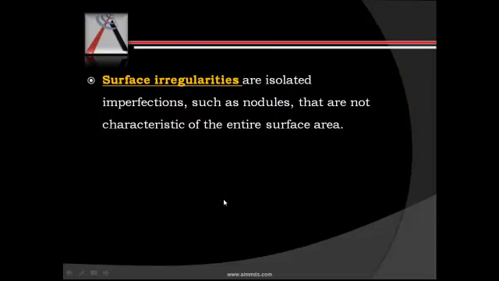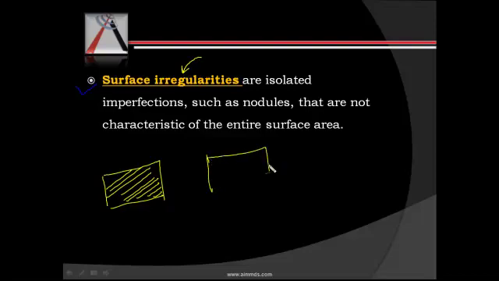Now, as we have been talking about surface roughness, we have to compare it with surface irregularities. One very important thing is, surface roughness was evenly distributed throughout the surface of the casting. But surface irregularities are isolated defects. If this is the surface of the casting, we may have one defect, we may have two defects, and these are called irregularities.